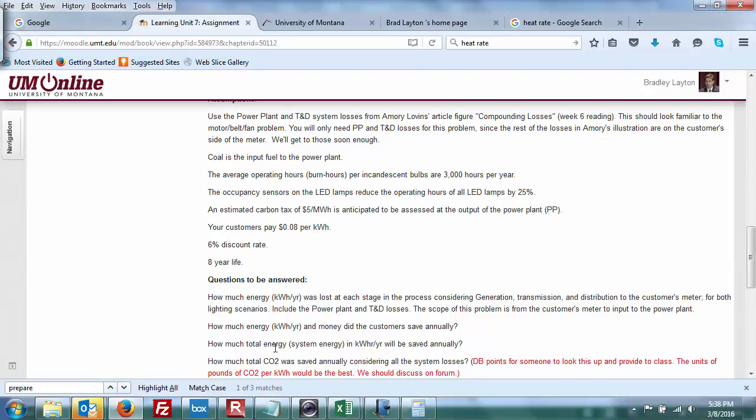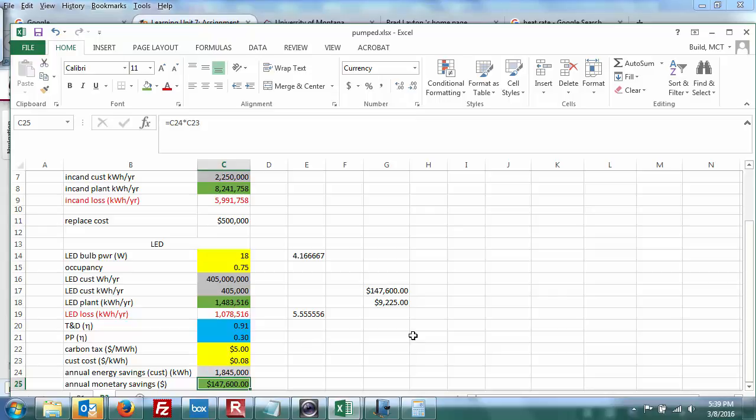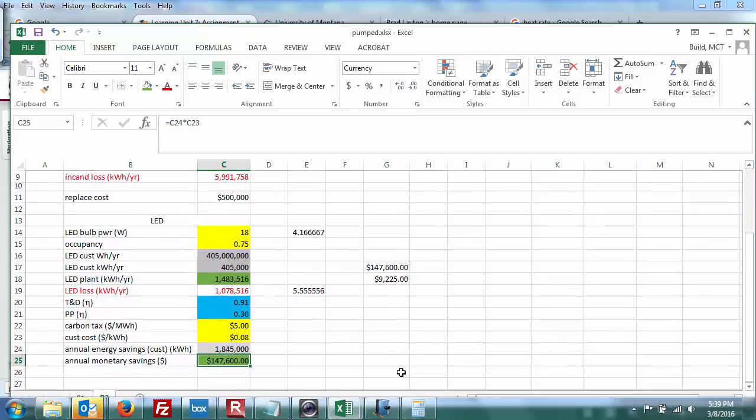How much total energy will be saved annually? Now let's see. Total energy, system energy, kilowatt hours per year. This is at the customer side.